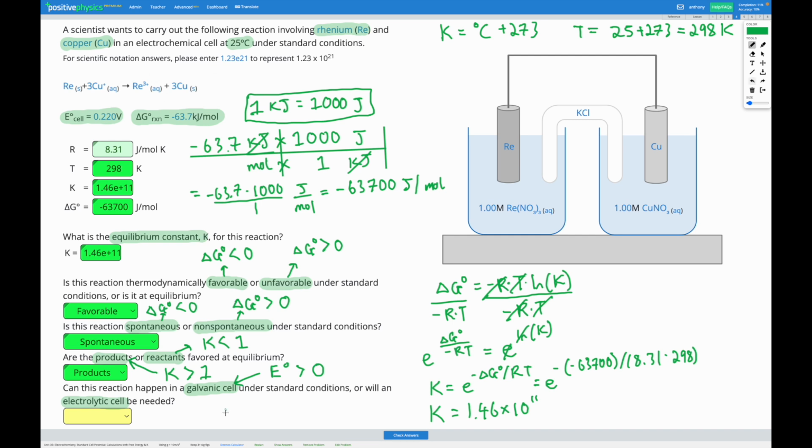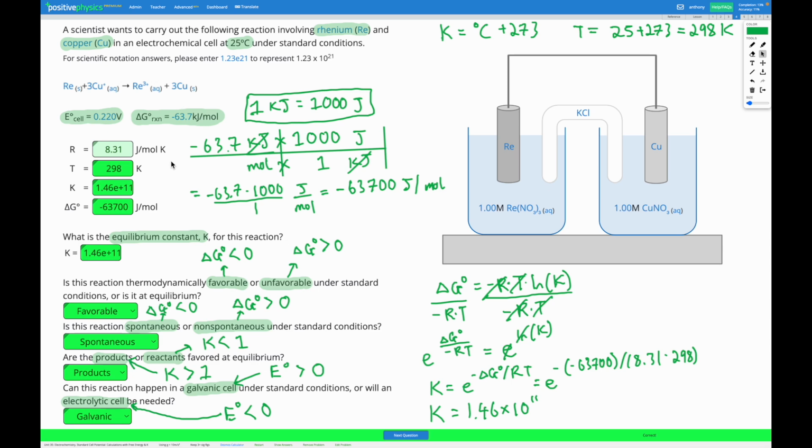However, if E0 is less than 0, if it's negative, it can't happen in a galvanic cell. It needs to happen in an electrolytic cell because we need to apply a voltage to force the reaction to happen, because it would be one that was not favorable and not spontaneous. In this question, since we have an E0 greater than 0, that's telling us it can happen in a galvanic cell.